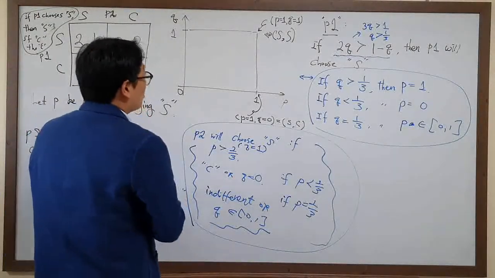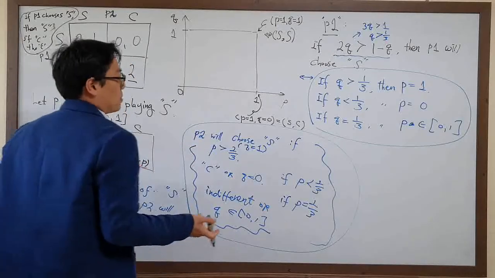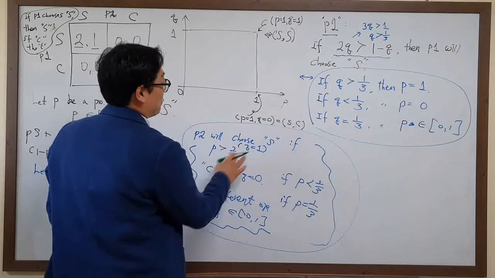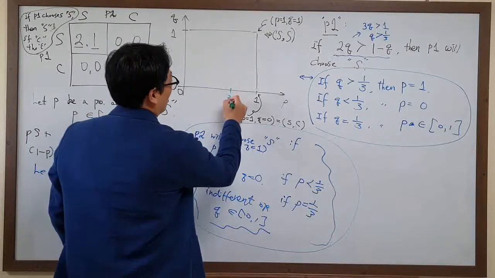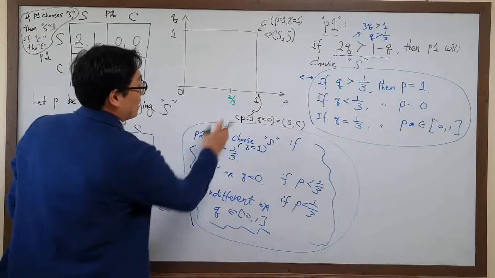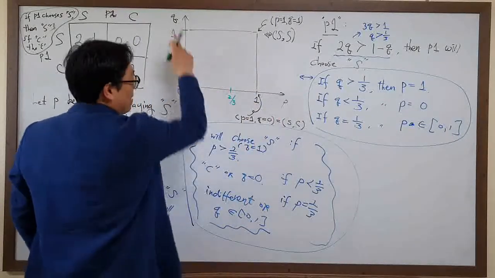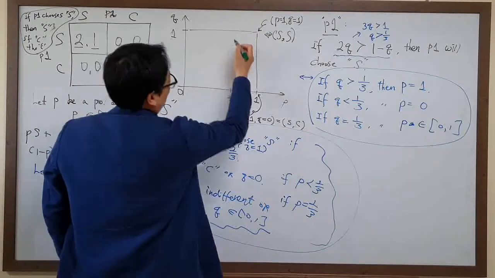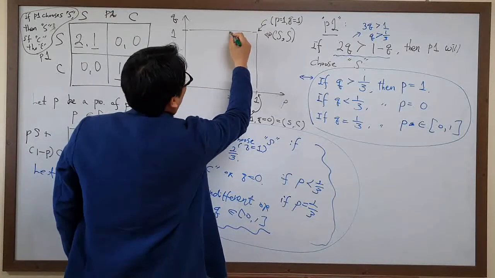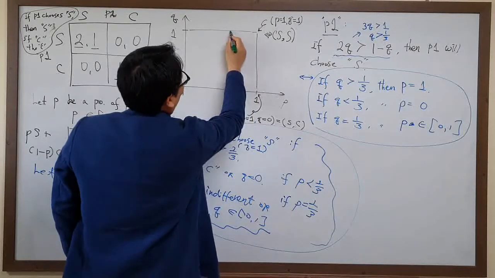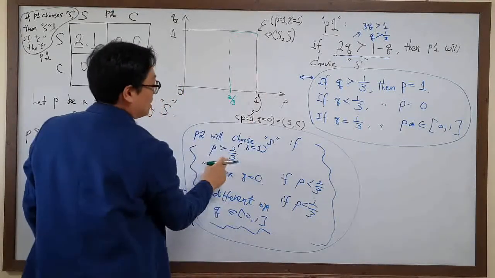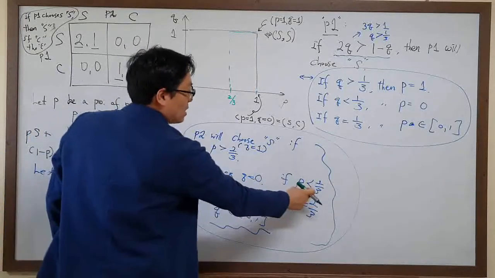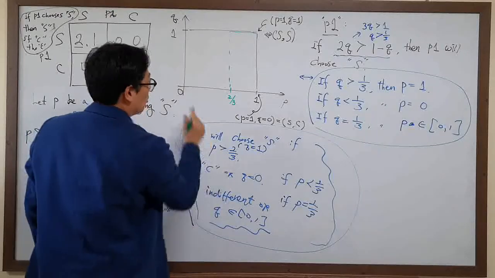Okay, player 2 said that if P, player 1's probability, is greater than 2 over 3, player 2 will choose S, or Q equals 1. Q equals 1 when P is greater than 2 over 3. When P is less than 2 over 3, Q equals 0.